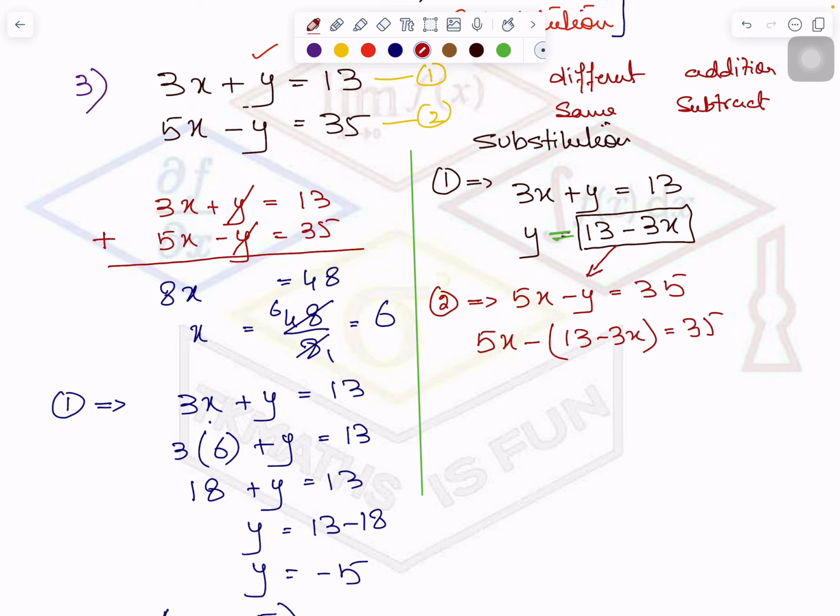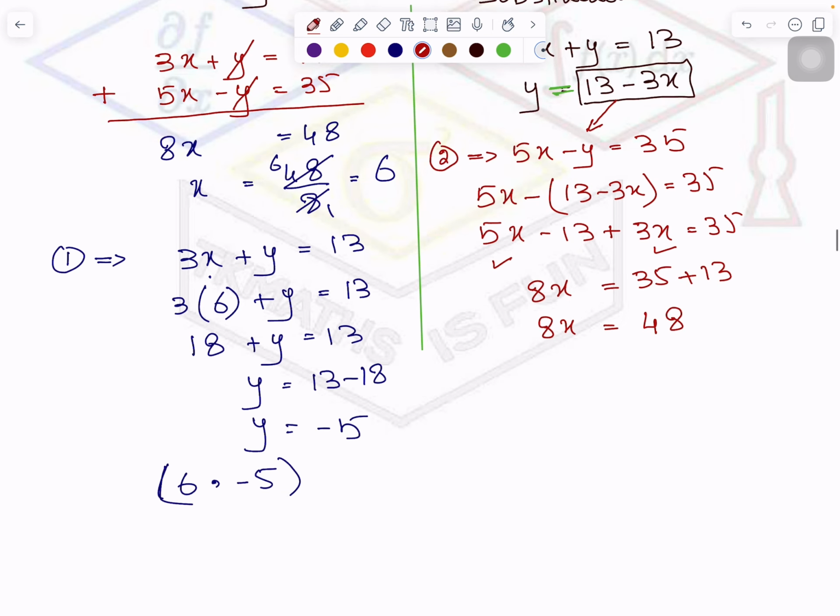And then I will expand the bracket. Minus times minus is plus. I hope you know this basic calculation. So 5x plus 3x is 8x. 13, I will take to the other side, the sign will change. So what is 35 plus 13? 48. Right? So you will get x is equal to 48 divided by 8.